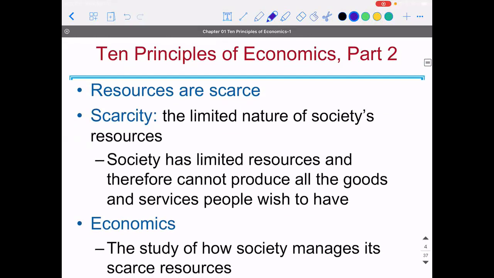So for economics as a discipline to exist, you need to have scarcity. There needs to be some sort of limit, that we have more wishes and desires and more needs than we have resources. So this is key.